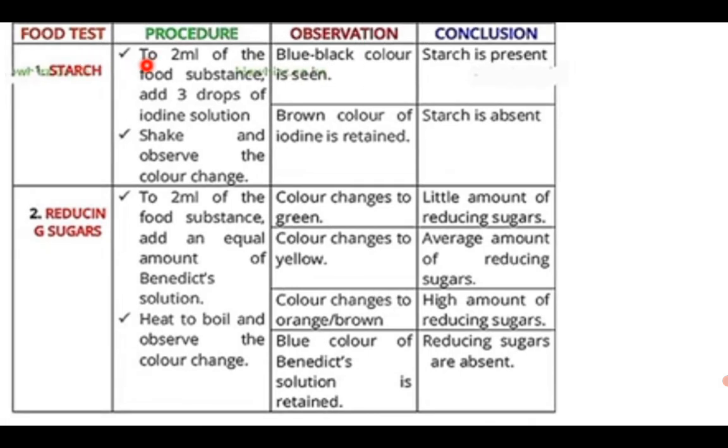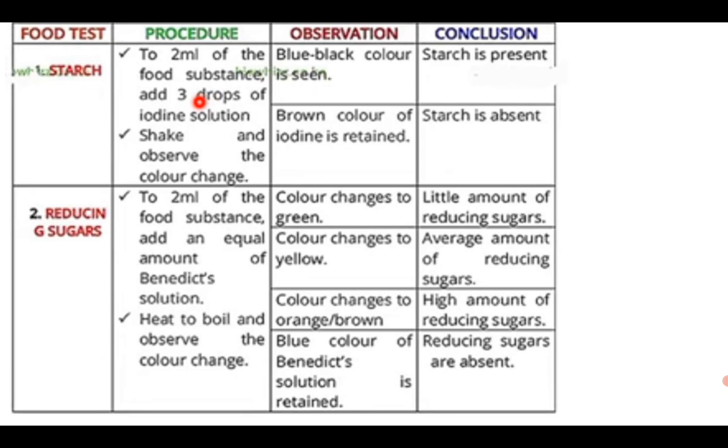In order to test a food substance for starch, first and foremost, to 2 milliliters of the food substance, you add 3 drops of iodine solution. Iodine solution has an orange-brown color initially.